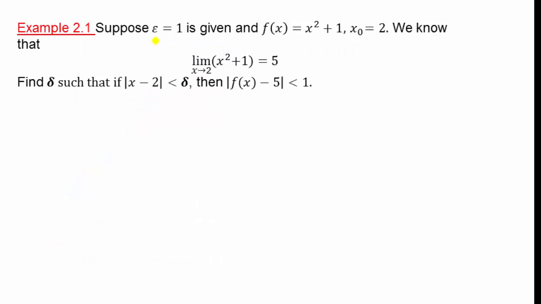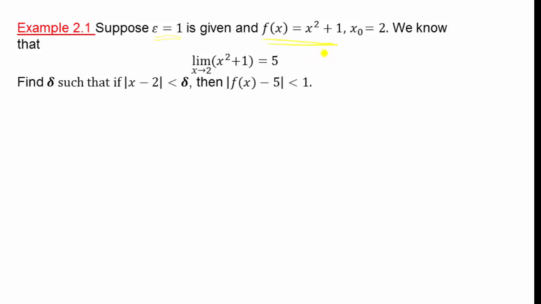Alright, suppose that here we have a specific epsilon equal to 1 and a given function f of x equal to x squared plus 1. And we are going to look at the limit of x squared plus 1 as x approaches 2. And we know that the limit is equal to 5 because that's just 2 squared plus 1 equal to 5.